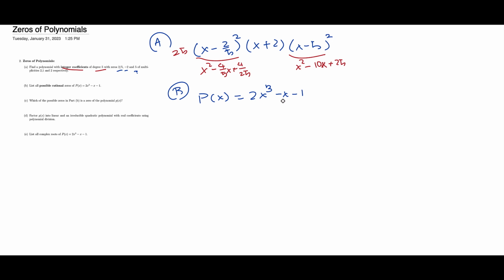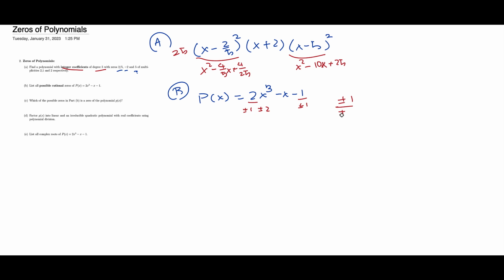So in here, I'm looking at the constant and the leading coefficient. All the factors of the constant, which in this case is just plus minus 1, give me the numerator of those rational roots if they exist, and all factors of the leading coefficient, which in this case is plus minus 1 and plus minus 2, give me the denominator.